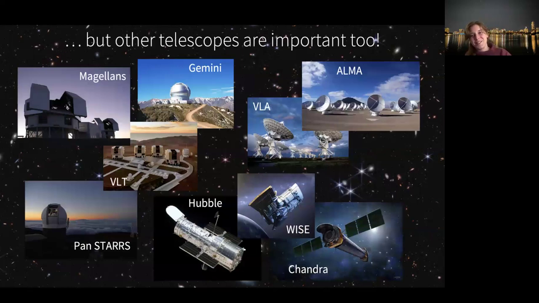Before going more into the James Webb Space Telescope, I also want to say that precisely because quasars emit radiation across the whole electromagnetic spectrum, James Webb Space Telescope is not the ultimate tool to solve everything, right? Because we're looking at a very specific window. And so we ultimately also need other telescopes. For example, in the optical, you can use telescopes here on Earth, like the Magellan telescopes, most of which are in the desert in Chile or in Hawaii.